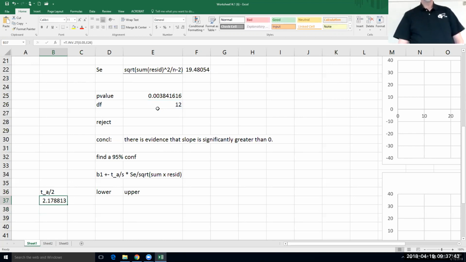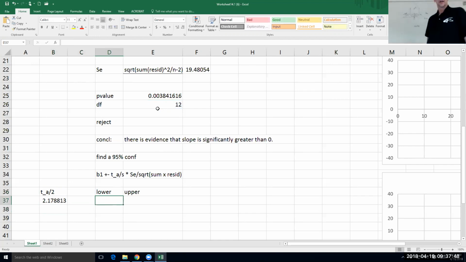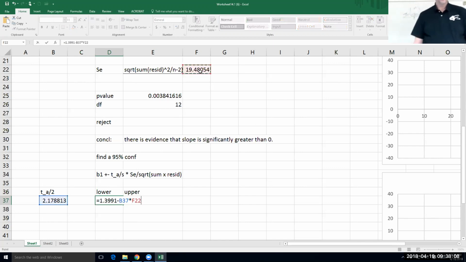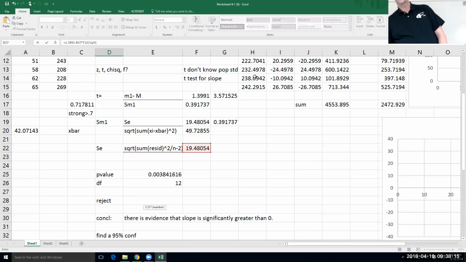We're cruising on time here. All right, so on the lower end, I'm going to put in here 1.3991 minus T sub alpha over 2 times S sub E. S sub E is 19.48 divided by the square root of the sum of my X residuals squared, which is 2472 right there.